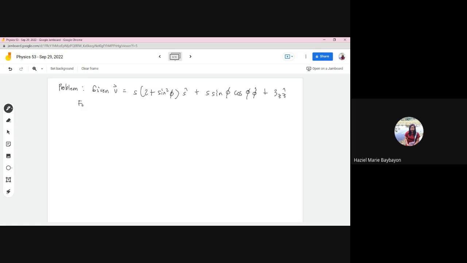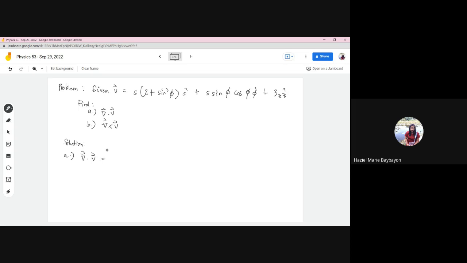Let us find the following. The first one is to find the divergence of V. This is just some sort of practice. And then you have the curl of V. So the first one is to solve for the divergence. This is our vector function, and we have to get the divergence of that vector function.